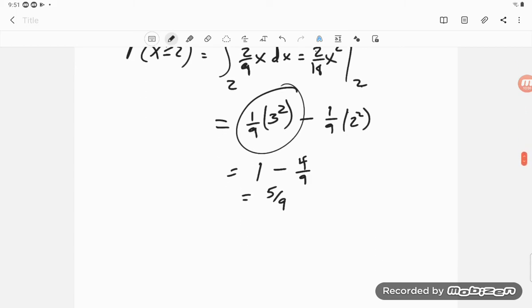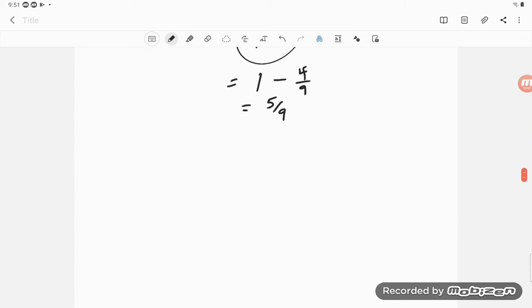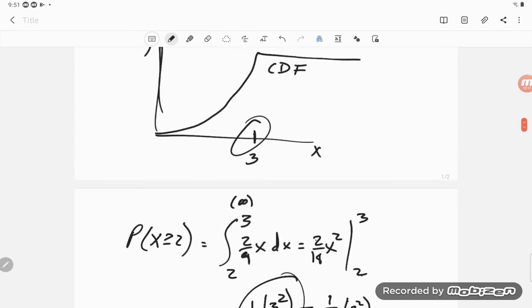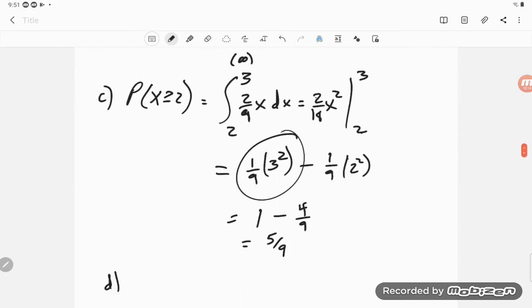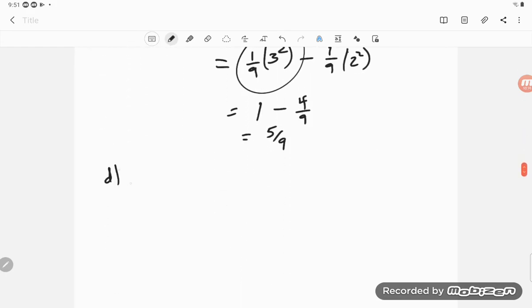And then, and this is the main reason I wanted to do this example, was part D. So I guess this was part C. Part D, conditional probability. So the probability that x is greater than or equal to 2, given that x is greater than or equal to 1.